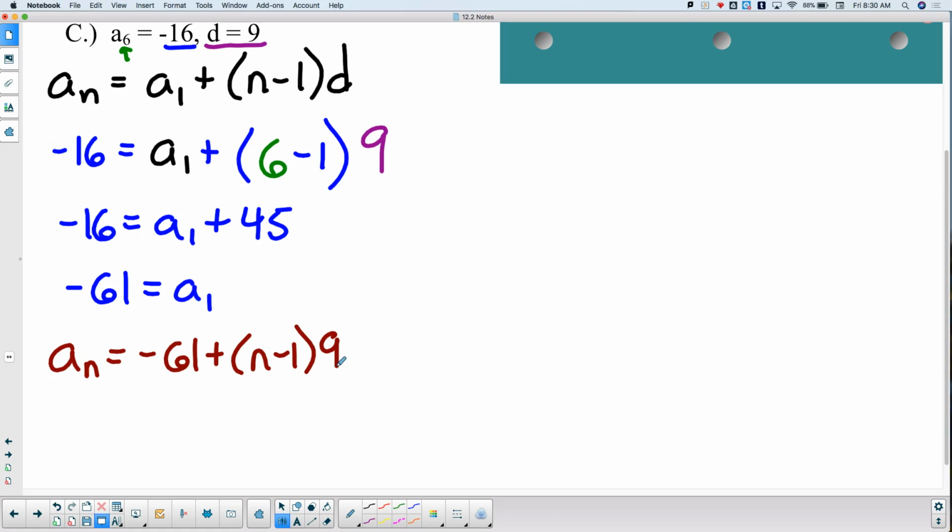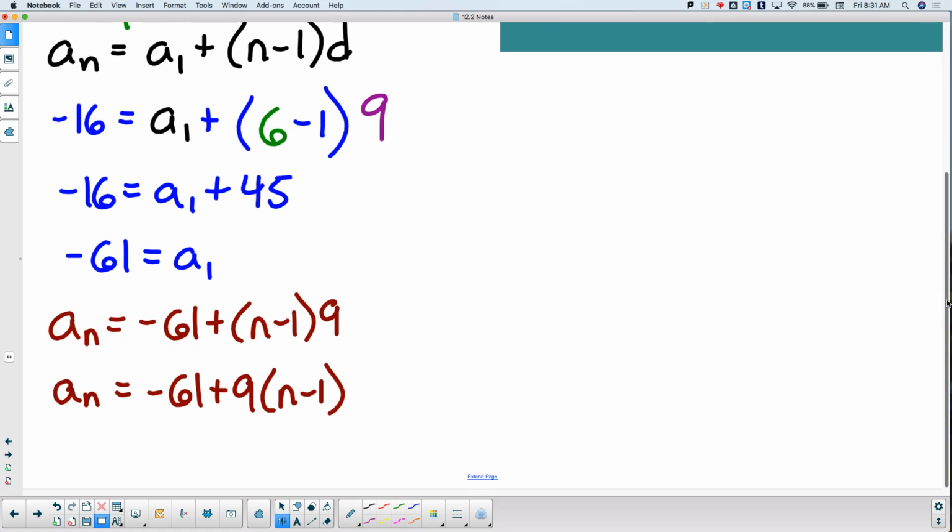I could say that a sub n is equal to negative 61 plus 9 times the quantity n minus 1 as my standard sequence. Or I could say that a sub n is equal to 9n minus 70 as my advanced.